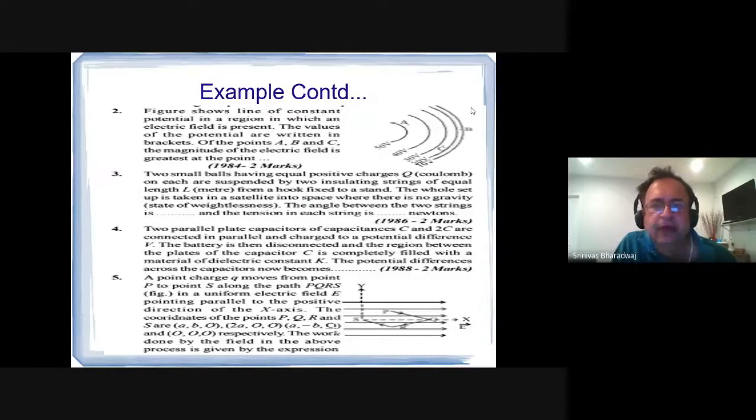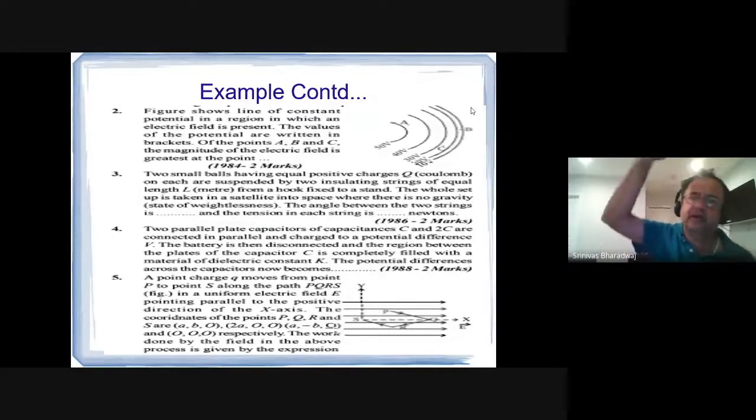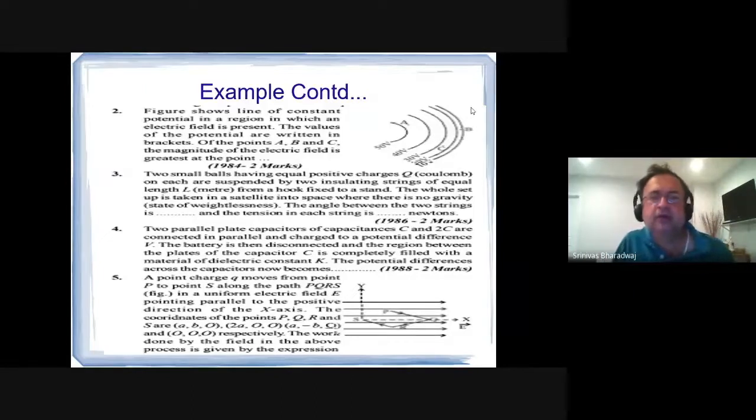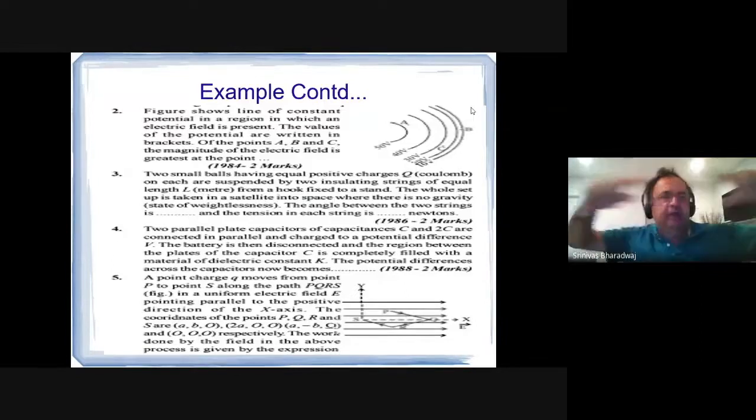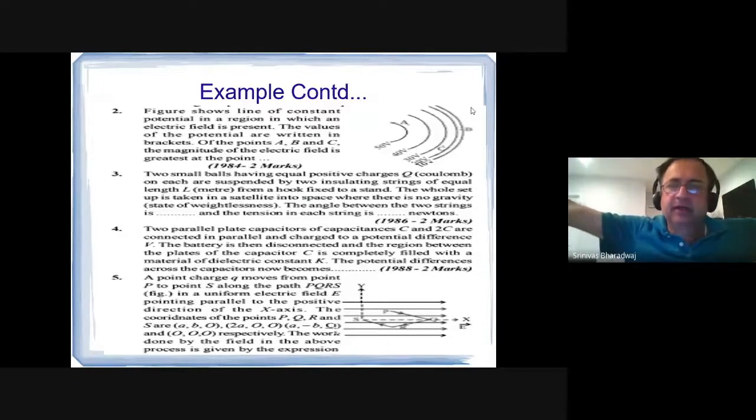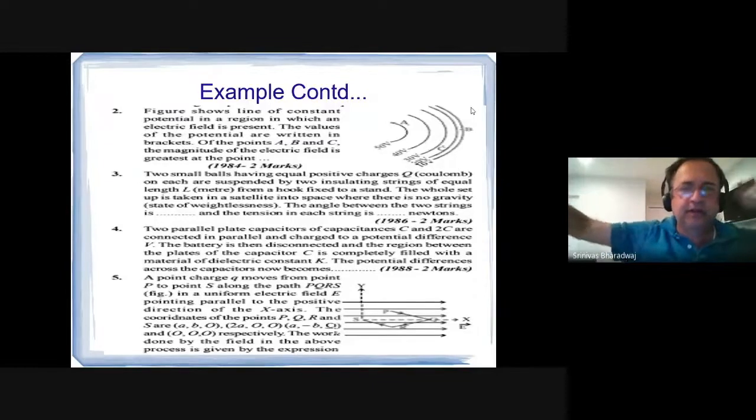Now the other questions are also similar. Two small balls have equal charges and are suspended by insulating thread from a hook on a stand. The whole system is taken in a satellite to space, where there's no gravity. Now the angle between the strings will be what? It will just stretch out because like charges repel, and go further from each other until the string holds it together. There are only two forces: the string and the balls.